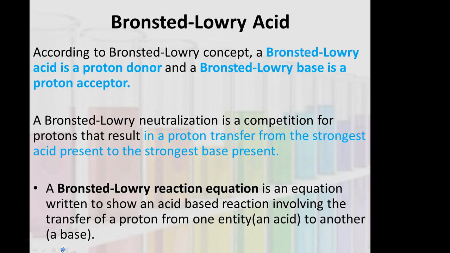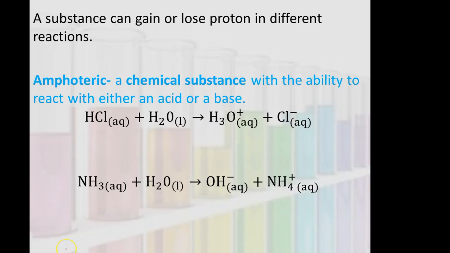So the first two things you have to know are the different definitions here for acids and bases: acids are proton donors, bases are proton acceptors. Looking at them, it's pretty easy to figure out which is the acid and which is the base, as long as you understand what the rule is. Good? Good, because I moved on.